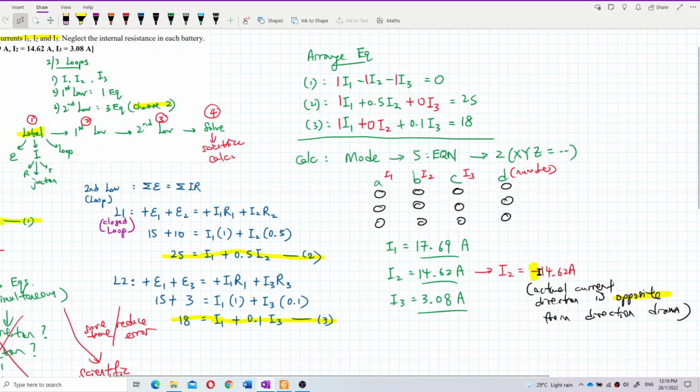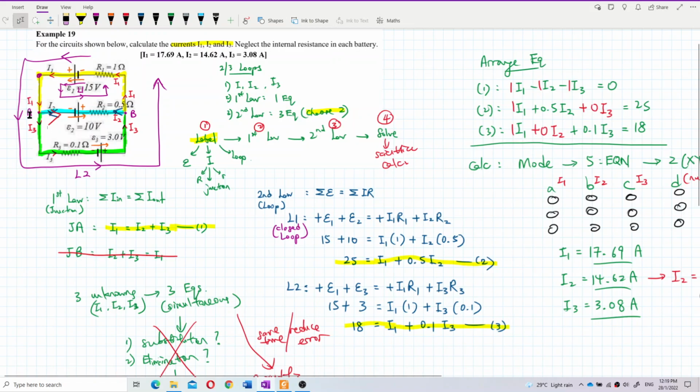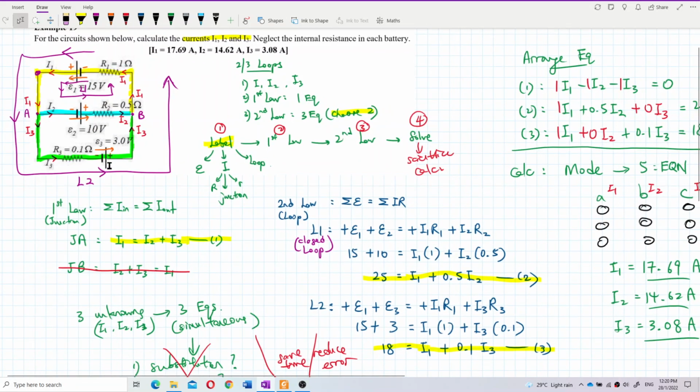If you get a negative current, that means the direction you draw is wrong, and the actual direction is opposite. But right now I get a positive value for all the currents. That means the current directions I draw here are all correct.